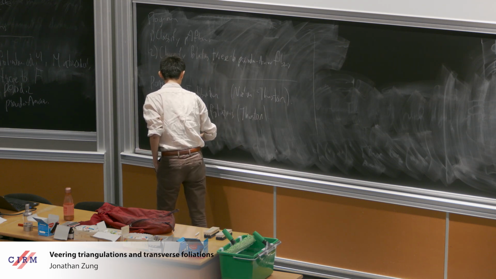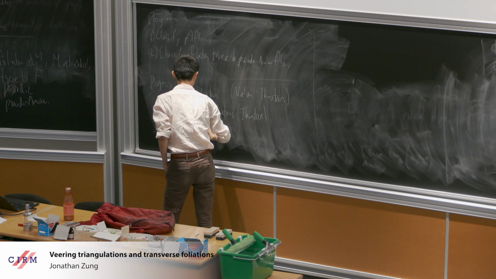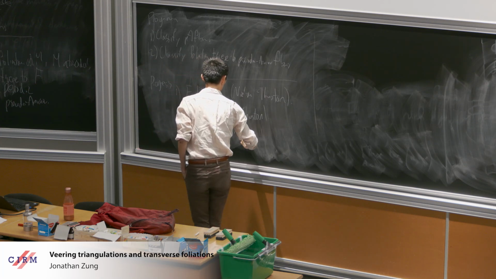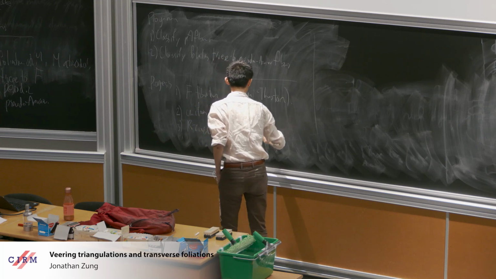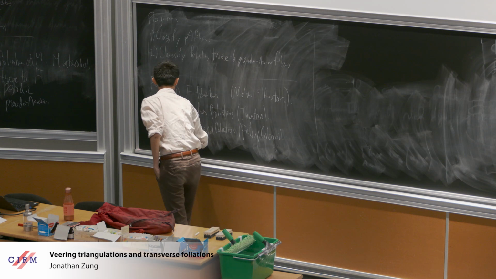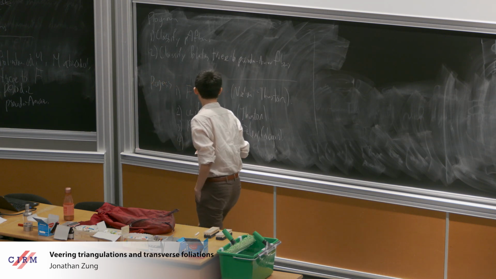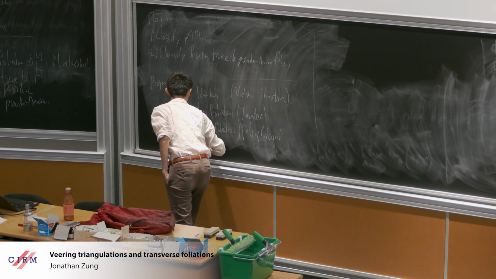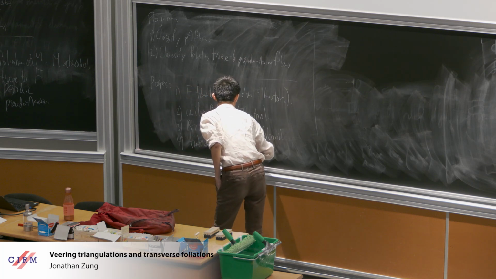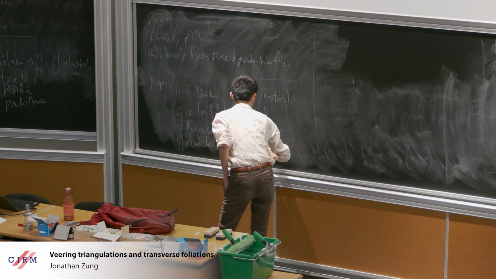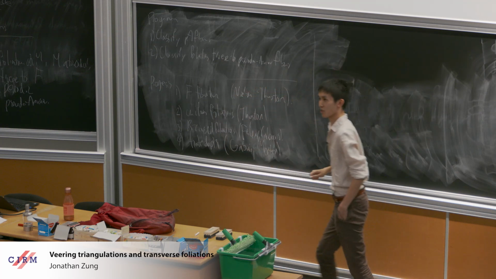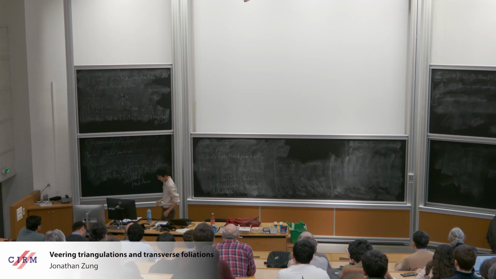This was generalized further to R-covered foliations by Fenley and Calegari, and also to finite depth foliations. This is due to David Gabai and Lee Mosher. But the conjecture is open in general.